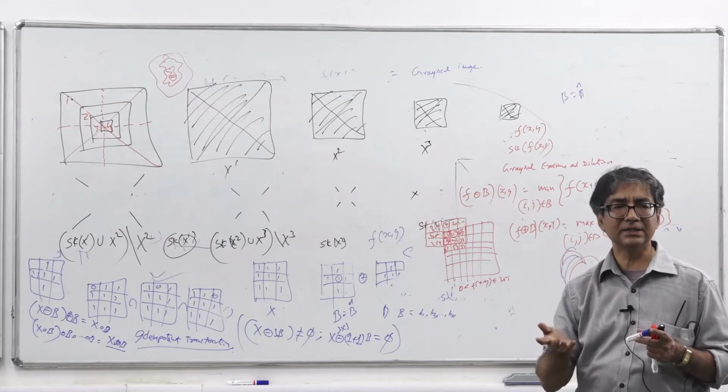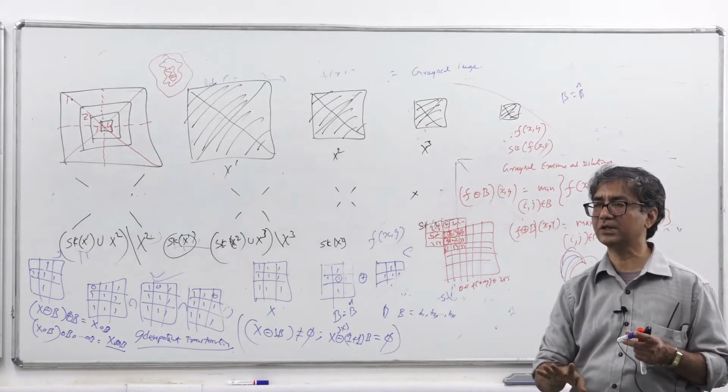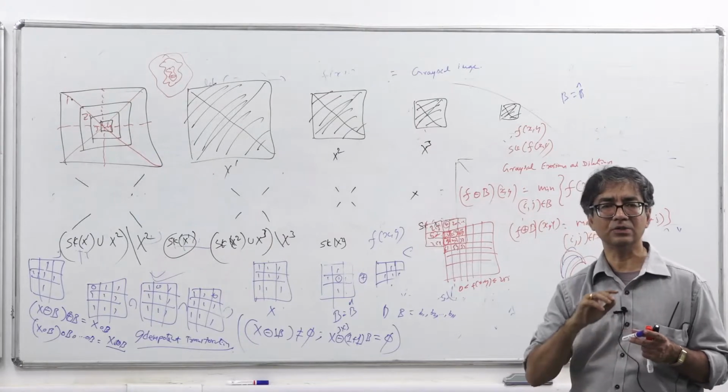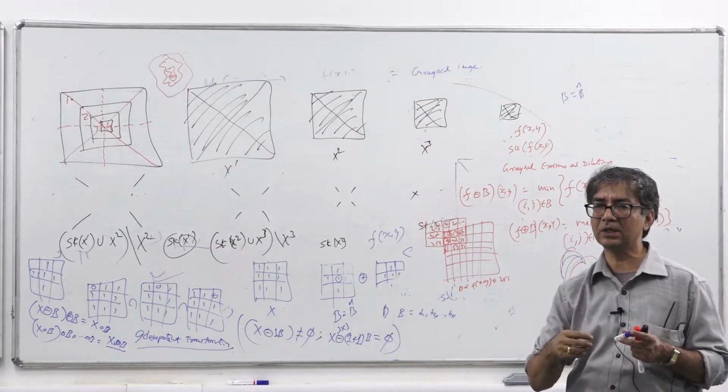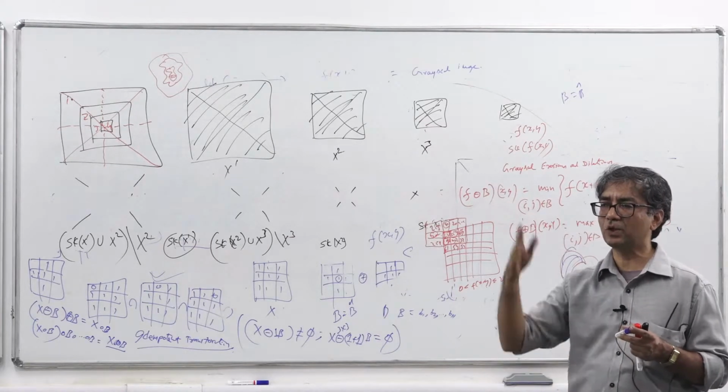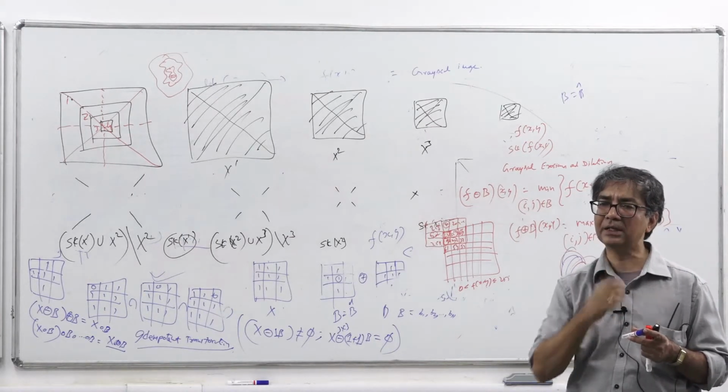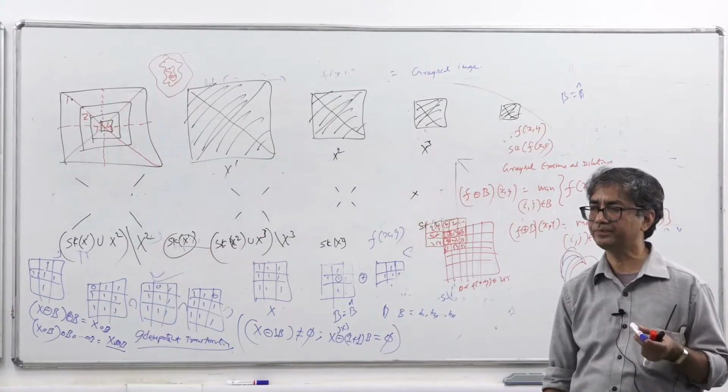There are many other things, not actually from geomorphology, but from spatial data science. In spatial data science, we talk about directional relationships, topological relationships. How far is object A from object B?